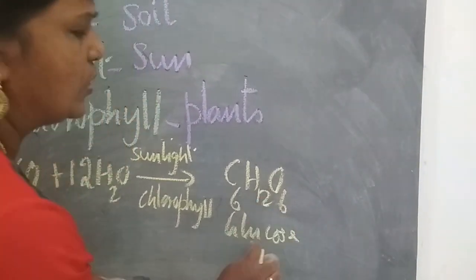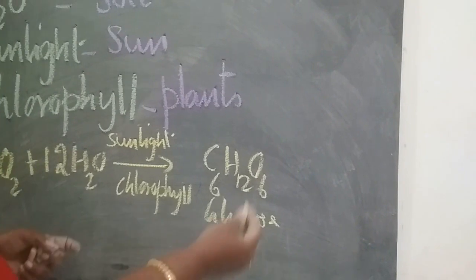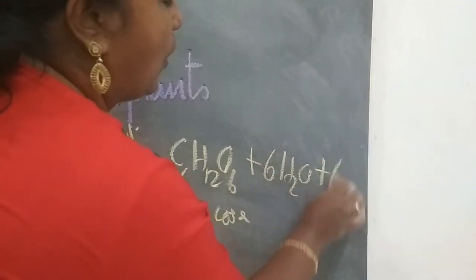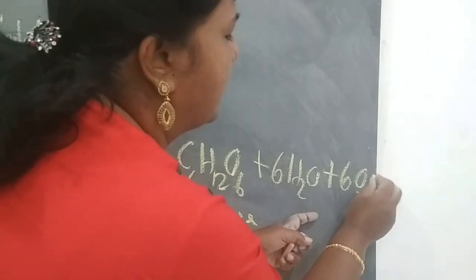Anyhow we can say glucose, carbohydrate and food, and also water and oxygen is evolved.